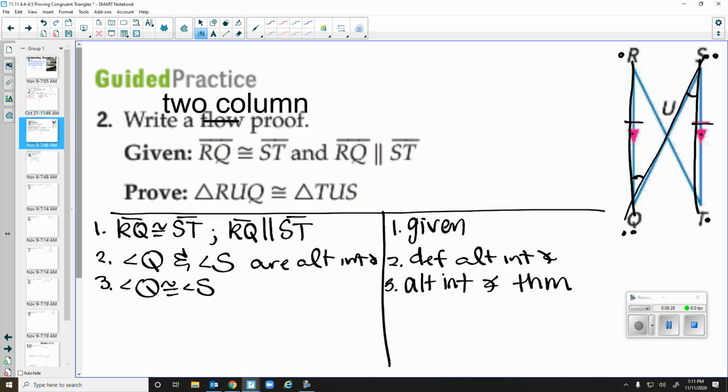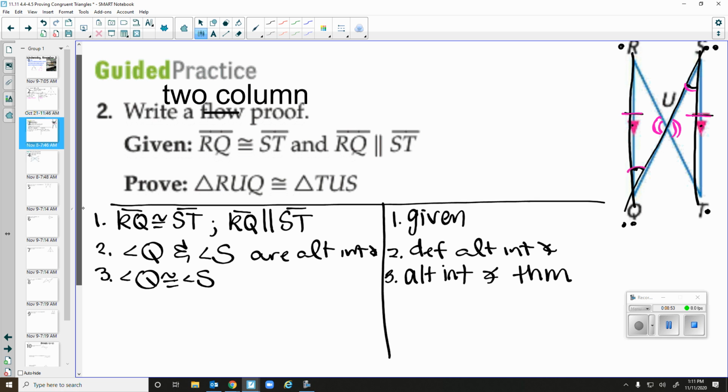So far we have 2 things marked. You can't do anything with vertical angles? You sure can. These are vertical. If you look at the letter U, that letter is making both of these angles, so that's an example where we have to write the angles with 3 letters.